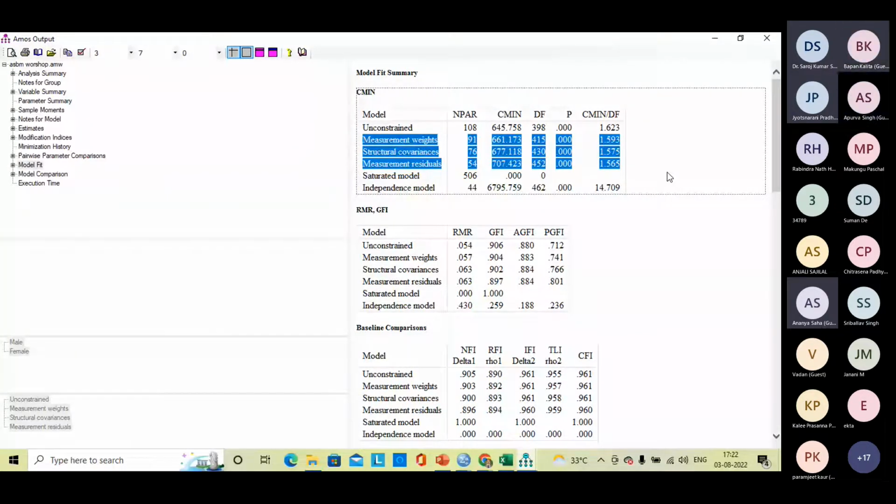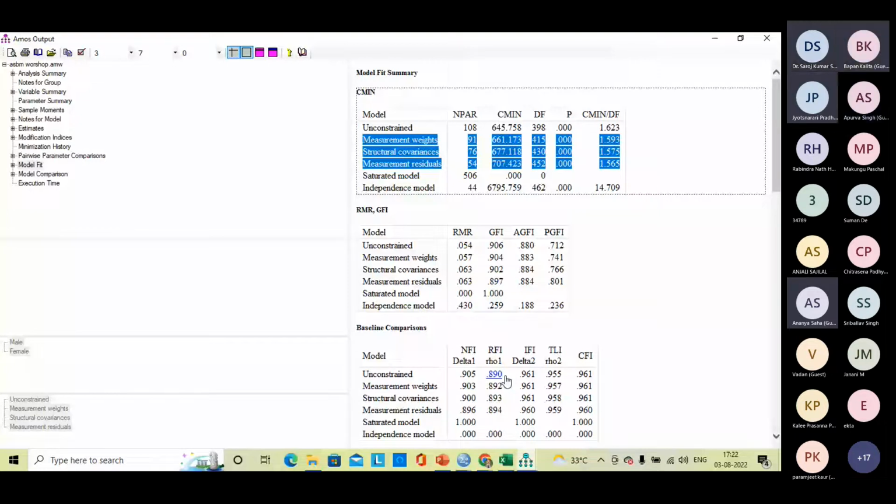This is the second phase by which we prove there is invariance. Now coming to the fit indices, again more or less the same values for the constrained model in comparison to the unconstrained model.